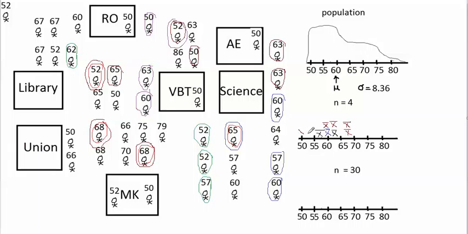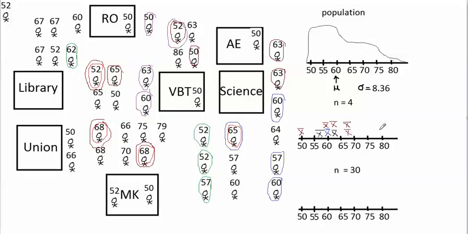I said that this distribution that we're talking about here is just made up of all of the possible samples of 4 people that could be chosen. So here's a group of 4 people that has a mean height of 50. This is a kind of shorter group of 4 people.